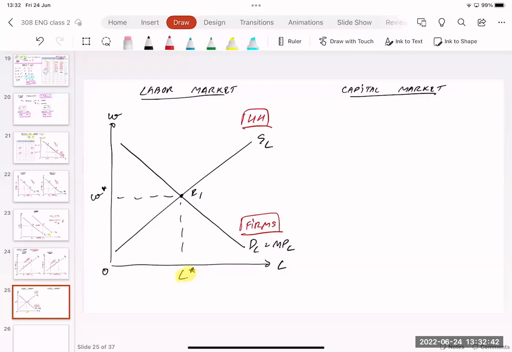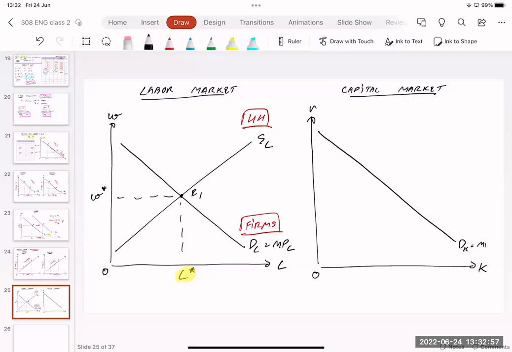Go to the capital market. On the horizontal axis is K for capital. On the vertical axis is small r for the real rental rate. We have demand for capital, which comes from MPK. We have supply of capital. We have the equilibrium real rental rate, R star, and the equilibrium amount of capital in the economy, K star.